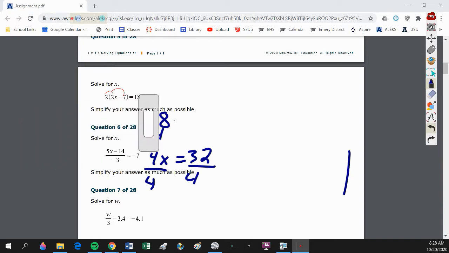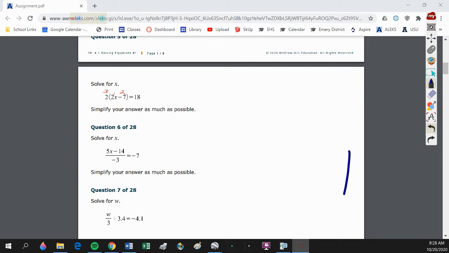Okay. How else could I solve that? Well, I could just start solving before I multiply the 2 in. So according to order of operations, if we look at x, this is step 1, this is step 2, and this is step 3. Then you undo them in reverse order.